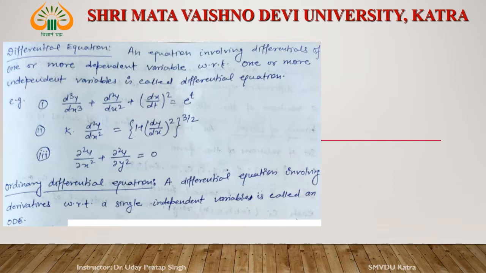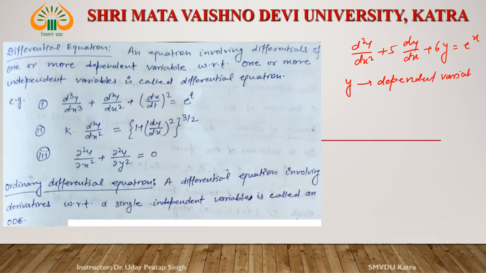For example, d2y by dx2 plus 5 dy by dx plus 6y is equal to e to the power x. Let us consider this example. In this example, y is the dependent variable and x is the independent variable.